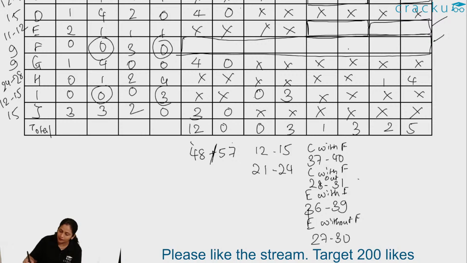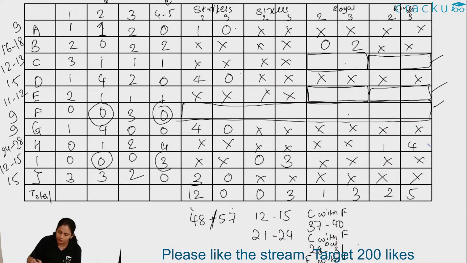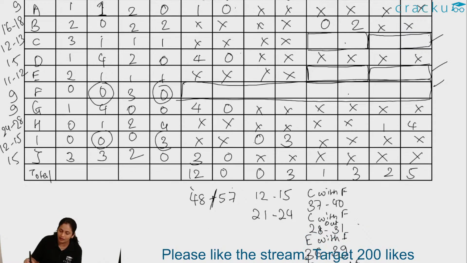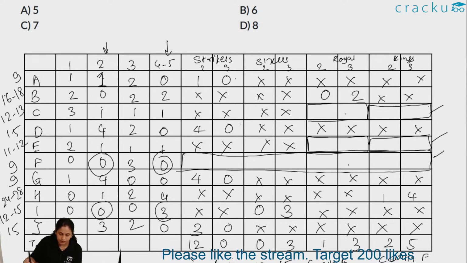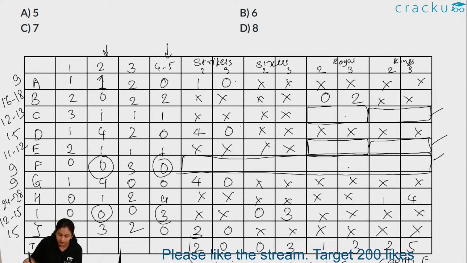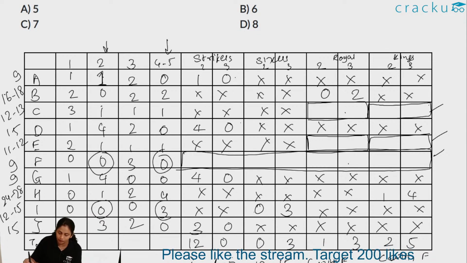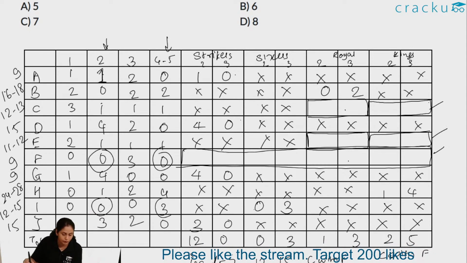Now I'll do the same thing for kings. For kings, I have this one person who is 24 to 28 anyway. Apart from that, I will have either C or E, and may or may not have F. So again: C with F, C without F, E with F, and E without F. Let us consider C. If you have C, it is 12 to 13, plus your already existing points of 24 to 28.